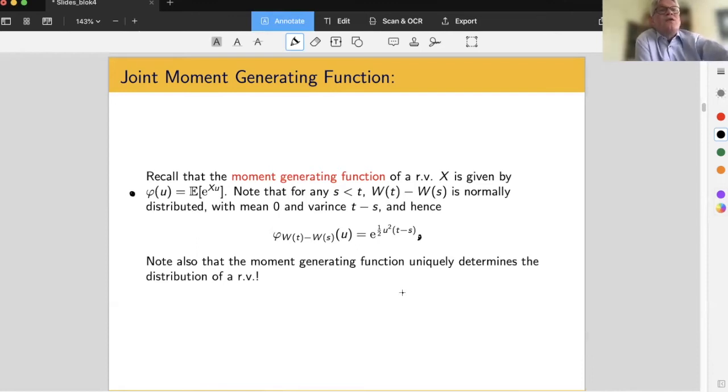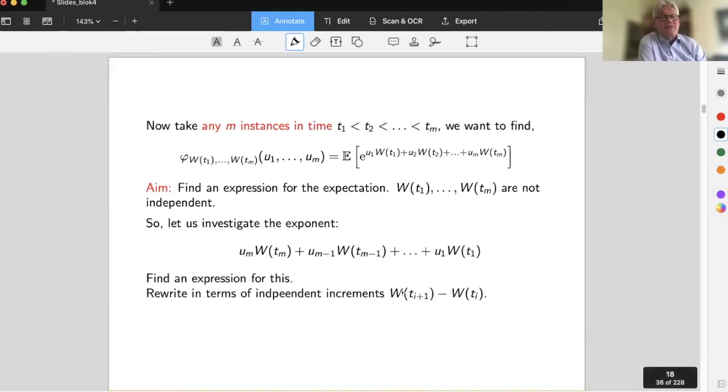Now we can also define the moment generating function of an R^m vector, so of a vector. In our case, if we take m instances in time, and we are interested in the joint distribution of Wt1 up to Wtm, then we can also derive the moment generating function. That is written here on this slide. Now we take any m instances in time, t1 less than t2 less than t3, etc., up to tm, and we would like to find an expression for the moment generating function of Wt1 up to Wtm.